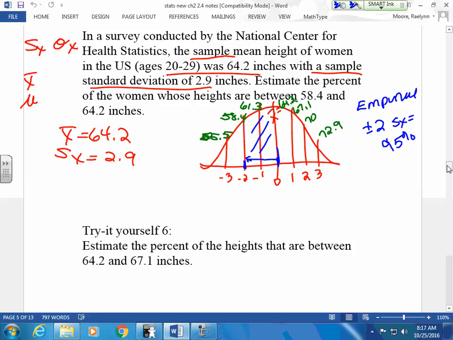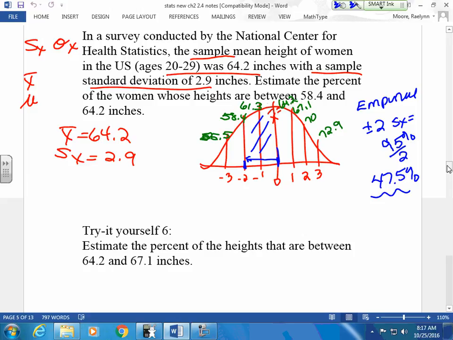Plus or minus 1 is 68, plus or minus 2 is 95. Did I use the whole 95? Did I use the whole thing? I used half of it. Just take half of this. So 47.5% of my data should fall between 58.4 and 64.2 inches.